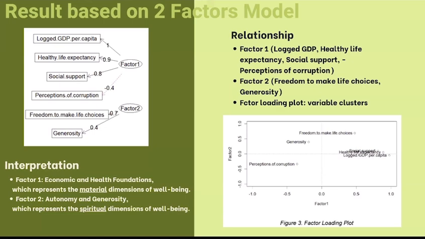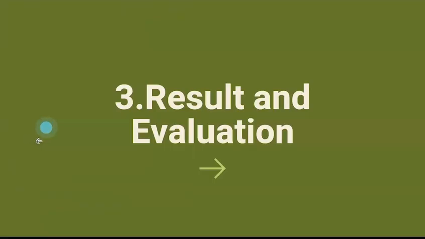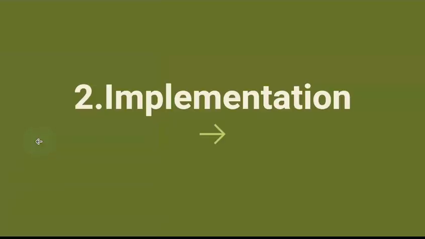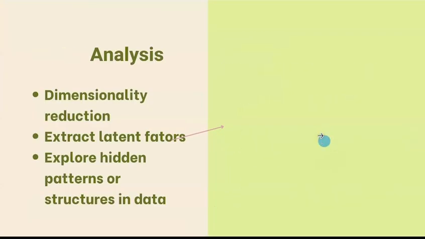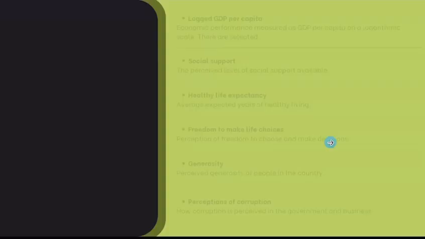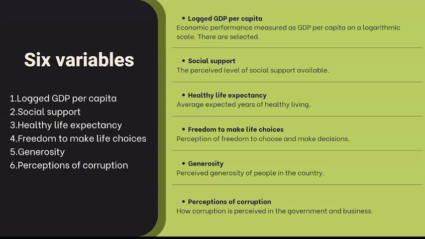Is that what you mean by the variables? Yes, so when we generated the meaning of those variables, we took a look at the original report and found each variable's meaning and how they measure those variables. We found that those six variables are taken from some survey or interview, and the ladder factor is something the author generated based on those six variables. So that's why we have only those six variables here.